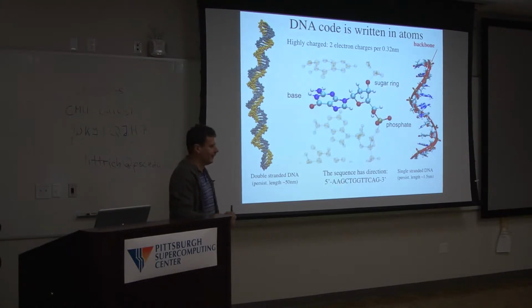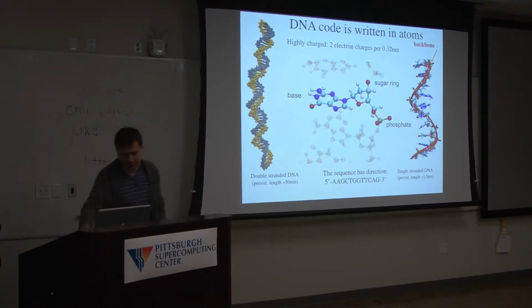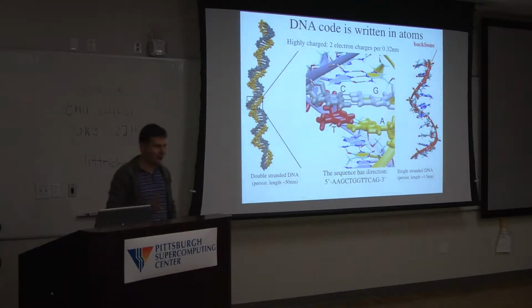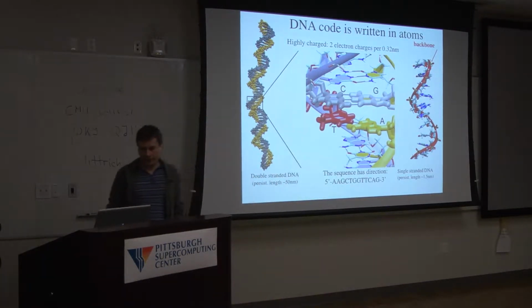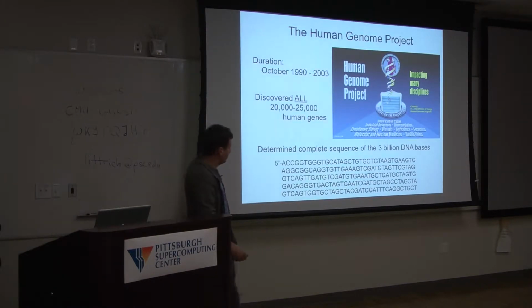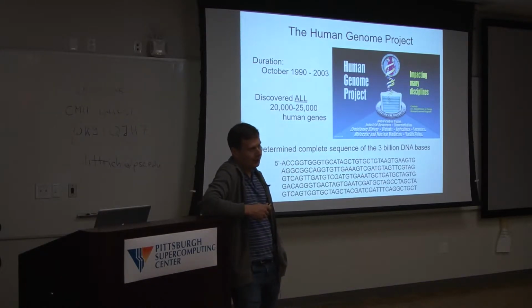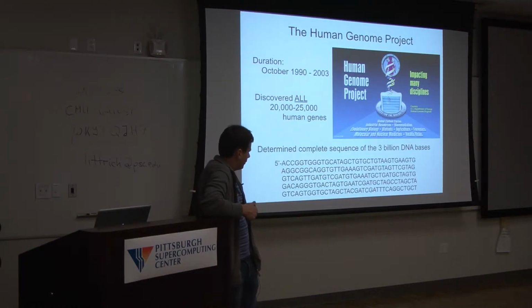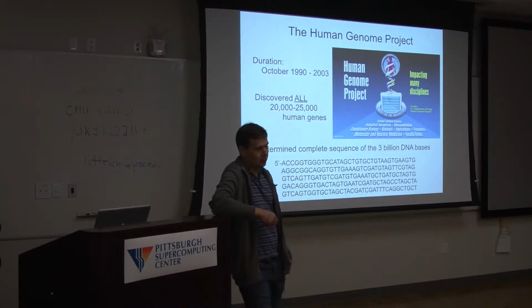I'm going to show this slide again to emphasize that the sequence of DNA is written in atoms. So really the difference between A, C, G, and T is just a few atoms. The sequence of DNA is of importance to biology, and not surprisingly, it has been one of the most expensive projects done at NIH, the Human Genome Project, right?